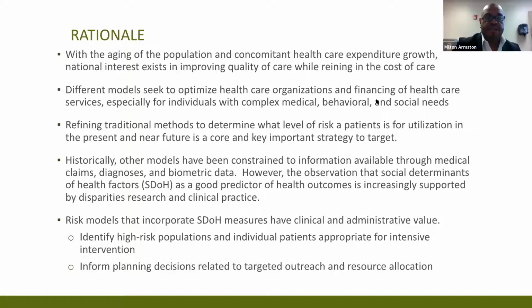Next is refining traditional methods to determine what level of risk a patient is for utilizing the present and near future as a core way to strategize our targets. So definitely we wanted to figure out, instead of spreading interventions across all populations, which could be time consuming, but could be very costly, again, targeting that level based on the pyramid that Vivian showed, the patients at that top, really focusing on those patients and allocating resources and targeted interventions to see if we can bring about change in their healthcare outcomes.